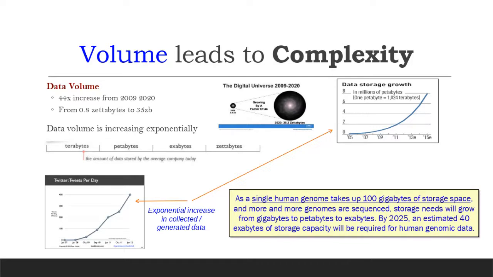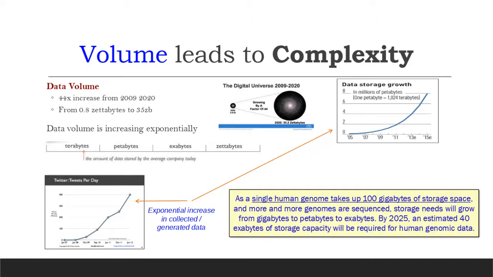Here is a quote: as a single human genome takes up 100 gigabytes. In fact, if you have access to these slides, you can click on this link and it will take you to the article that is talking about this. You can click on that later.